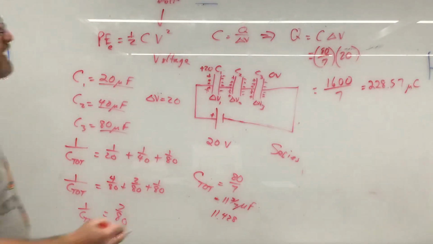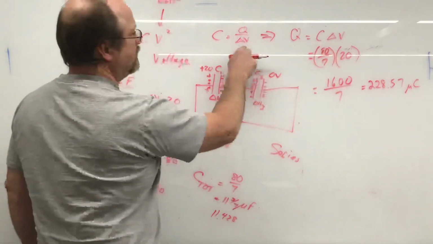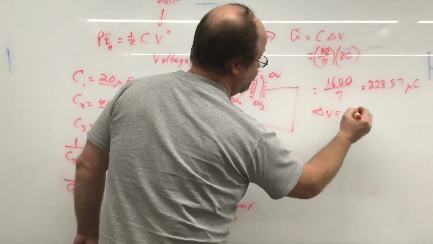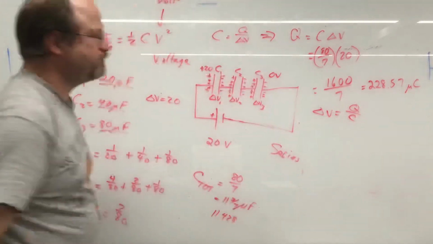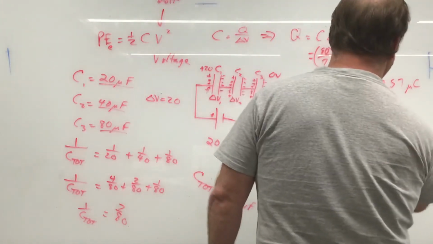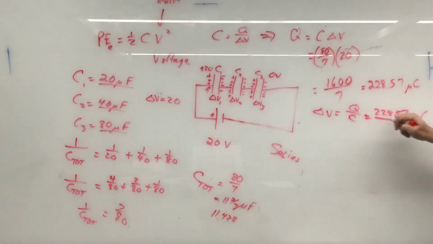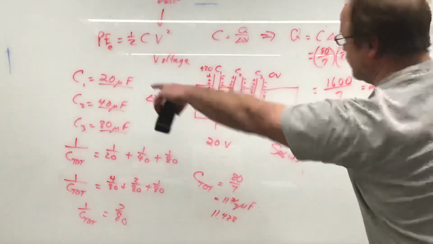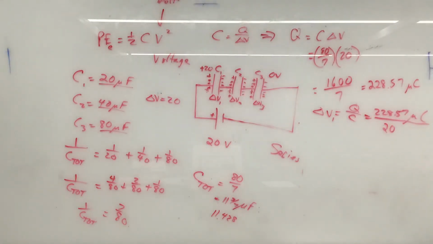So now, using the same equation but rearranging it again, what's delta V? Well, delta V, for any individual one of those, is Q over C. And this is our Q for every single one of them. Therefore, if I want delta V1, I'm going to look at capacitor 1, which has 20 microfarads, and calculate the voltage on that.